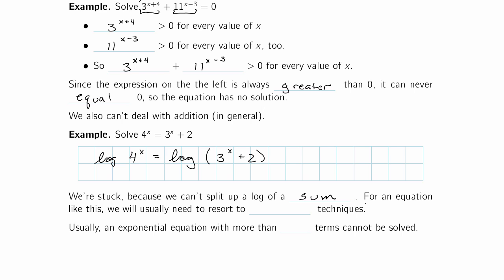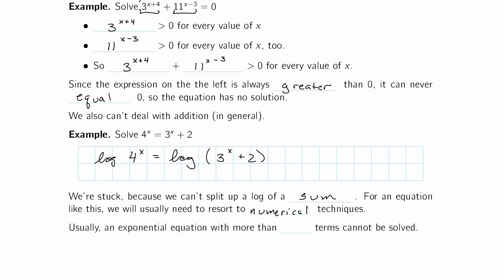For an equation like this, we'll generally resort to numerical techniques. There are certainly numerical techniques that can get us a solution to this equation quite easily, and you'll learn many of those in calculus. But at this point, we're going to recognize that that equation is one that we just don't have the tools available to solve.